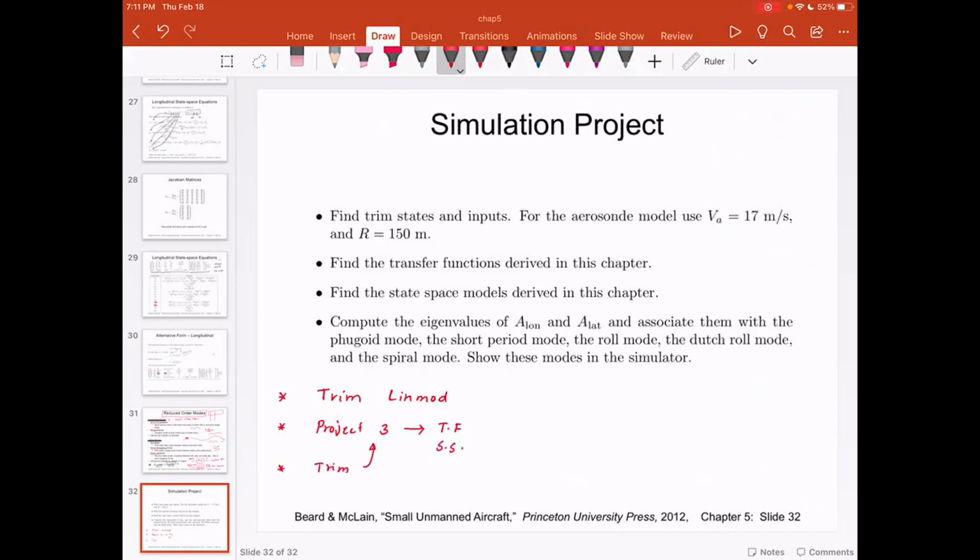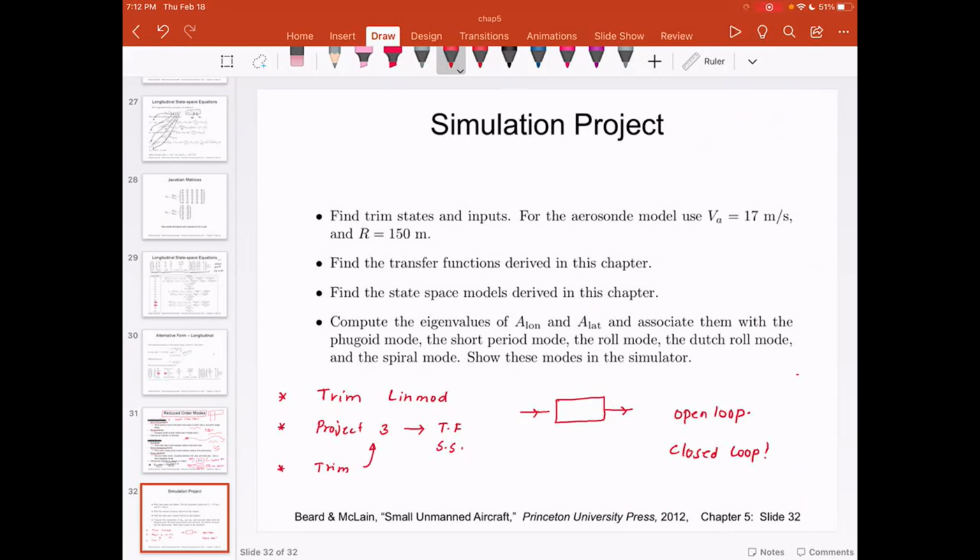on our project to come up with the trim states. And then what we will do is we will have the equations. We will have a representation in transfer function. And then we will look at the eigenvalues for the open loop. And then we look at the closed loop behavior.